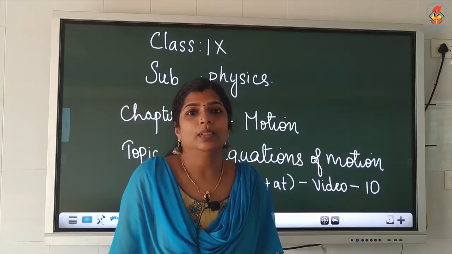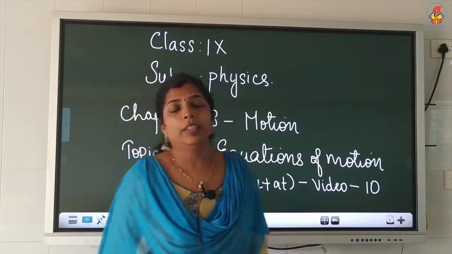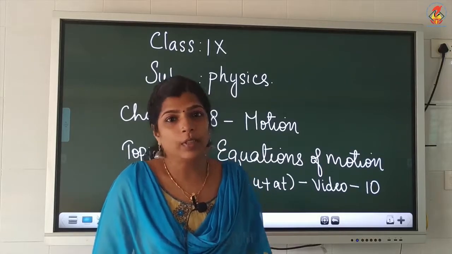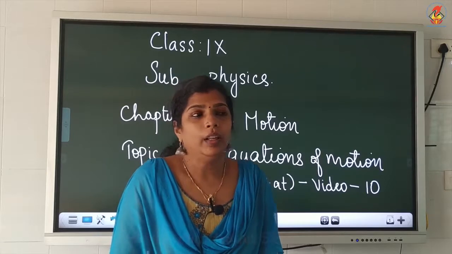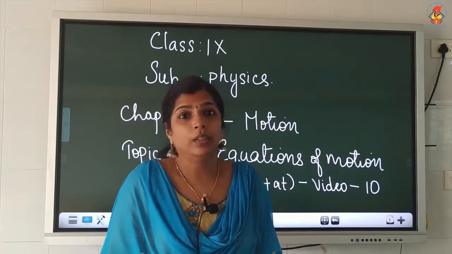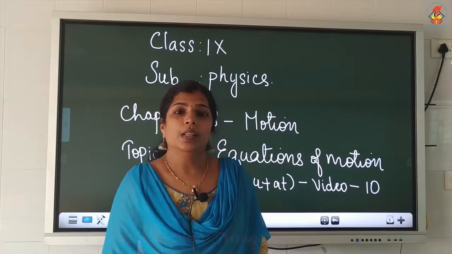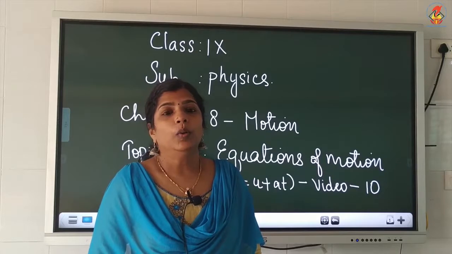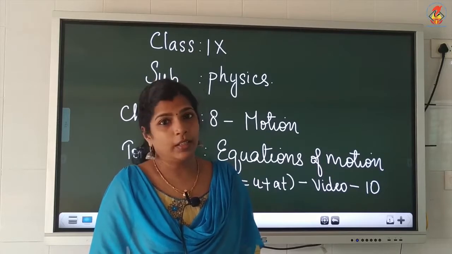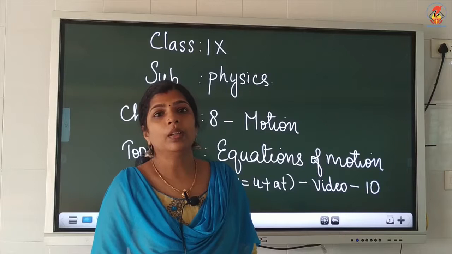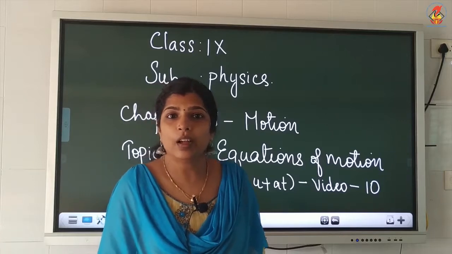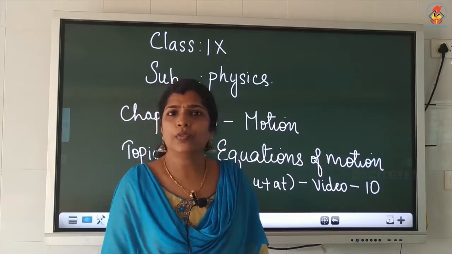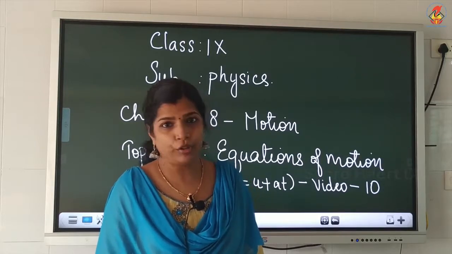Welcome back, students. Last class we discussed the velocity time graph. We discussed 4 cases, and in that video I told you, with the help of the third graph, the velocity time graph of an object in uniformly accelerated motion, but not initially at rest, meaning the graph is not starting from the origin.